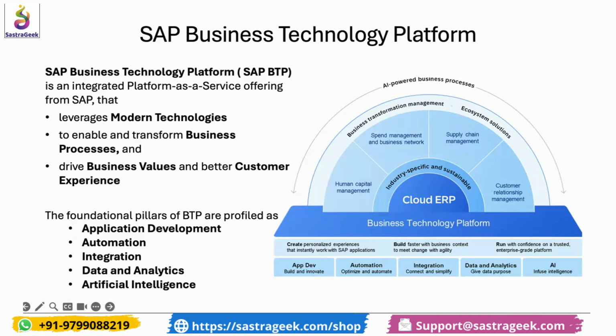App dev for all the build and innovation works, automation for optimizing all your processes, integration for connecting with your landscape or another landscape, third party, data analytics for the governing and better understanding of the data, and AI. Yeah, AI is the buzzword. SAP now has Gen AI through Joule and more other services.